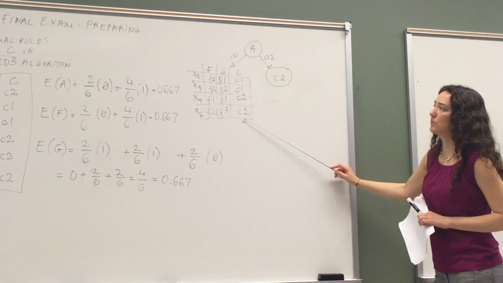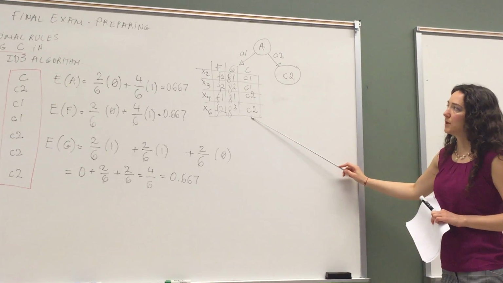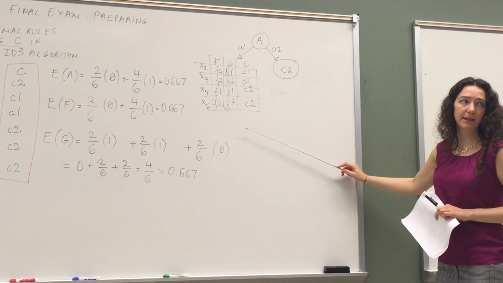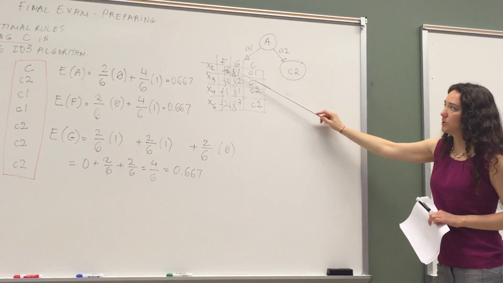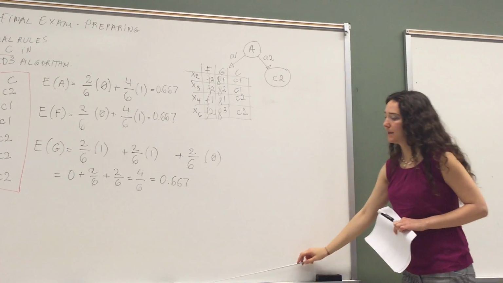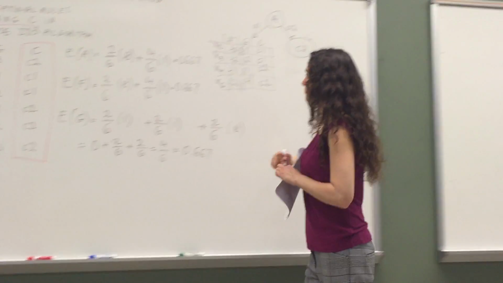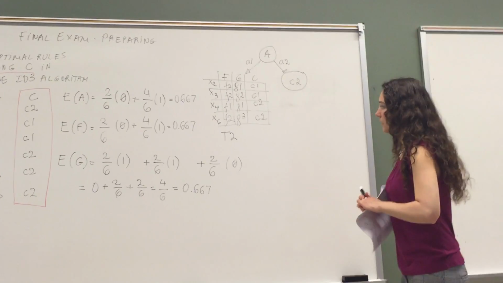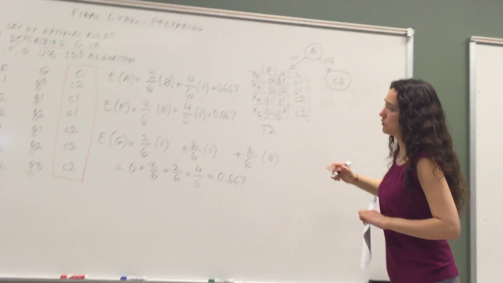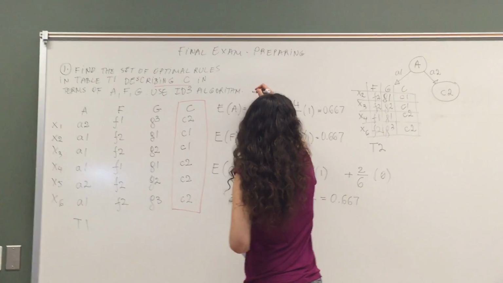We keep splitting this table until we get leaves, and when we get leaves, we're done. So we need to calculate entropy for F and G for this table. That's going to be table 2. So these were for table 1.